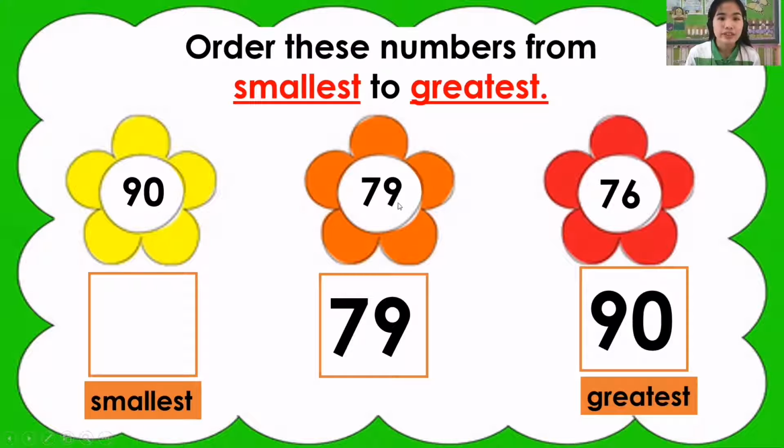Is it 90, 79 or 76? 76. Okay, the answer is 76. Very good. So you are going to write here 76. How about the second greater number, that is 79, and the greatest number, or the biggest number, is 90. Very good. Do you understand already your smallest to greatest number? Yes.